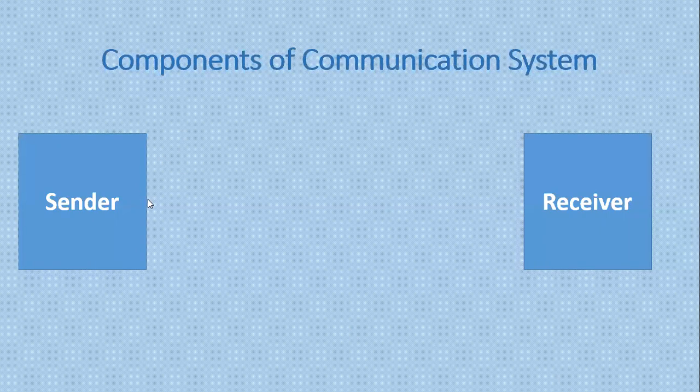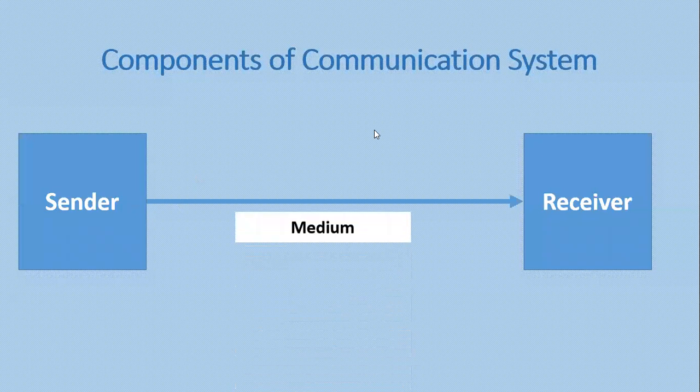Then what is there in between? There is a medium. Of course, we need to have a medium. That medium could be a wireless medium or a wired medium through which we are sending. Without a medium, you are not able to make data communication successful.